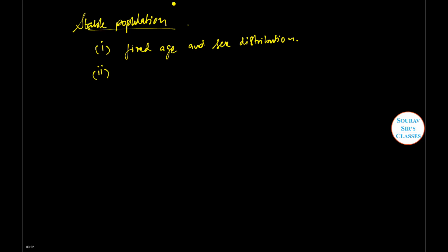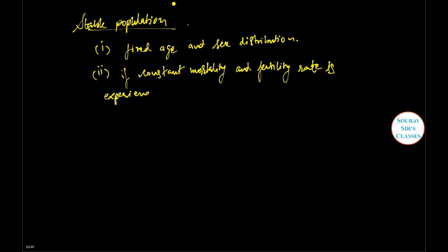Number two, if constant mortality and fertility rates are experienced at each age. And the last point is if the population is closed to immigration or emigration.